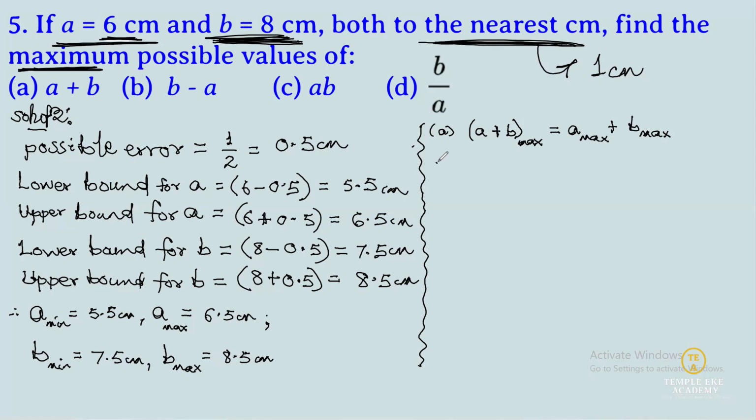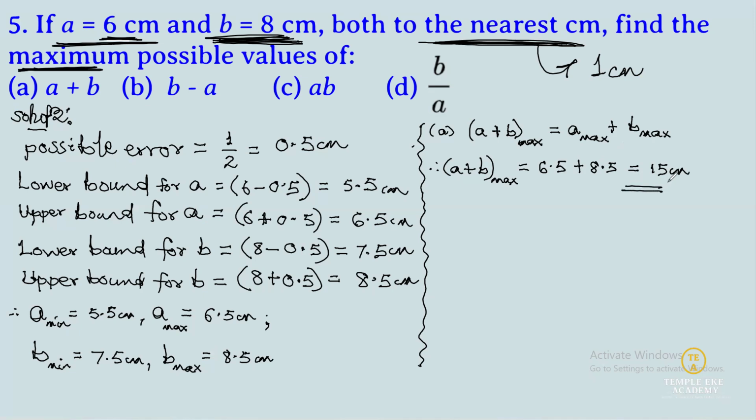Therefore, A plus B maximum is going to be the maximum value of A, 6.5, plus the maximum value of B, 8.5. And this is going to give us the final answer, which is 15 centimeters.